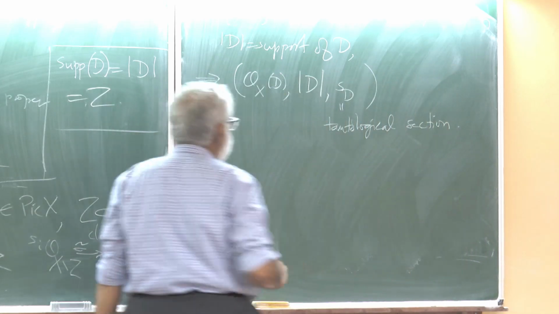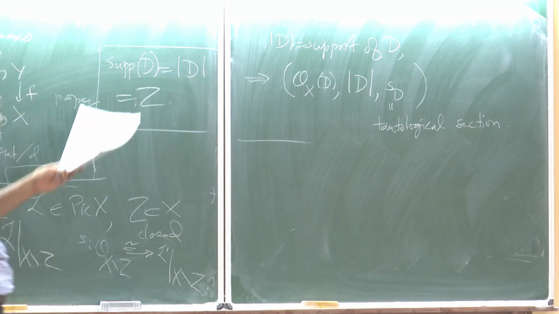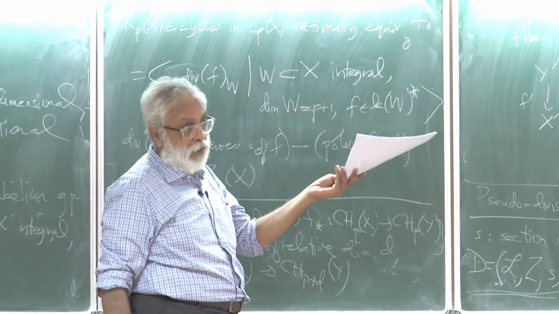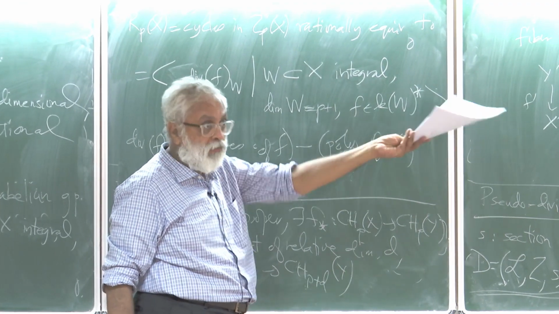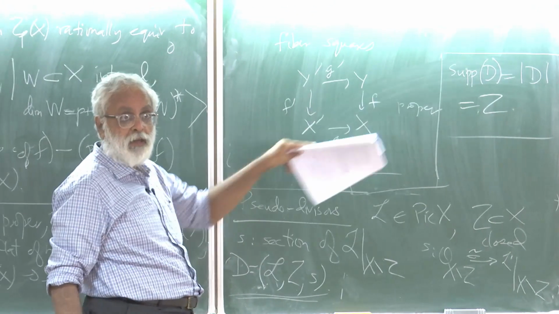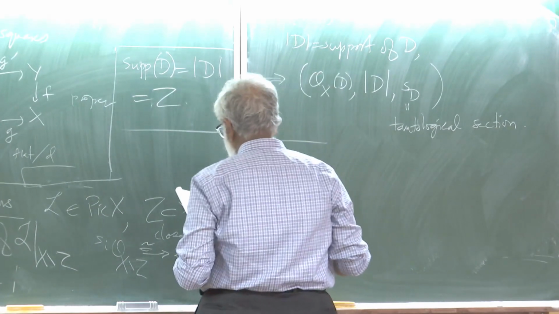So Nitin is okay. Anyway, the assertion is that if you have a Cartier divisor on an integral scheme, that comes equipped with an invertible sheaf because it's a Cartier divisor plus a tautological section. So indeed you get this notion. The pseudo divisor notion comes from that. That's correct. There's no problem there.